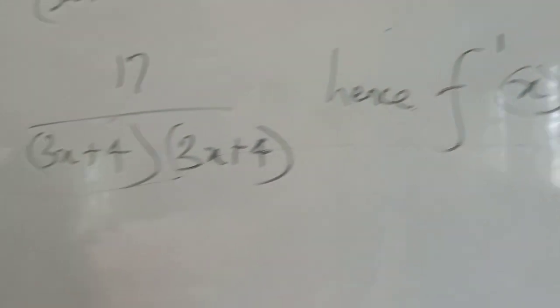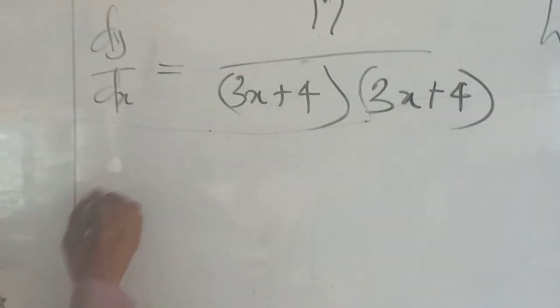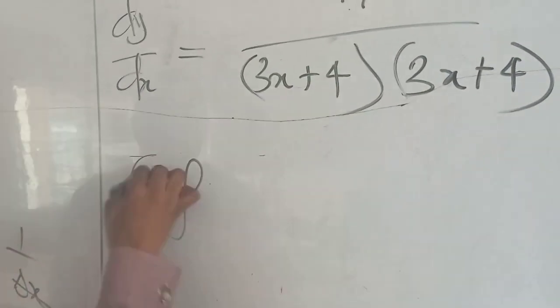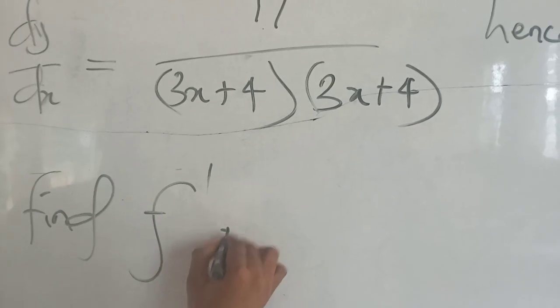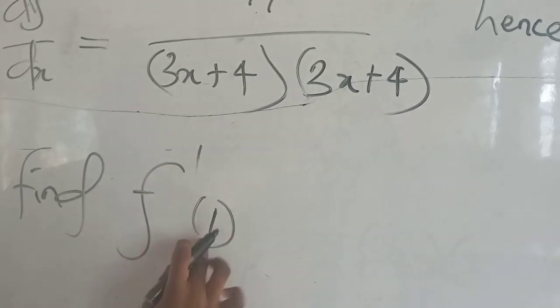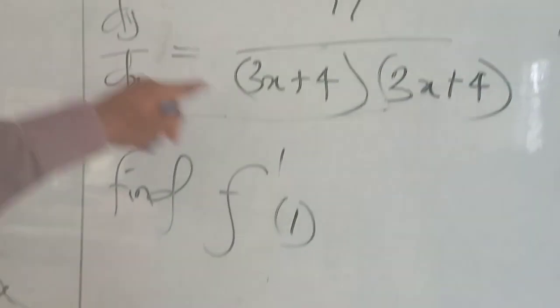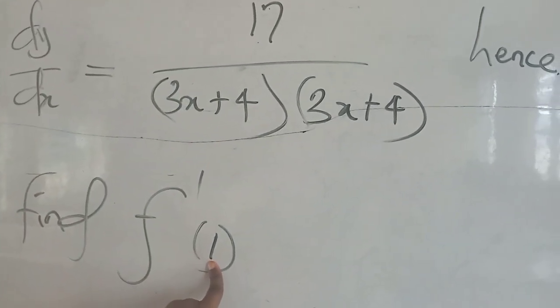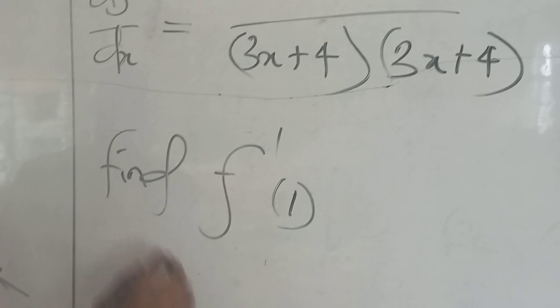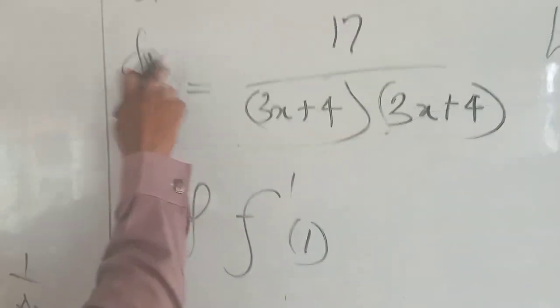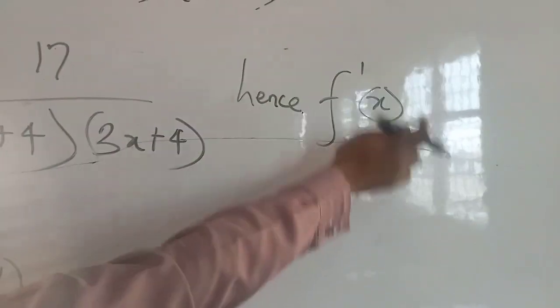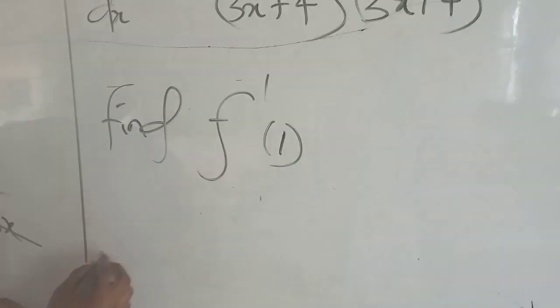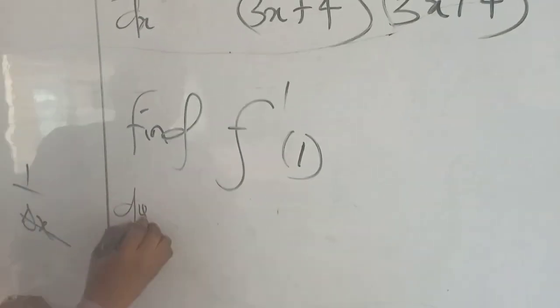Now coming back, the second question said we should find f prime 1. This f prime 1 means anywhere you see your x, your x has become 1. So we know that our dy dx is the same thing as f prime x.